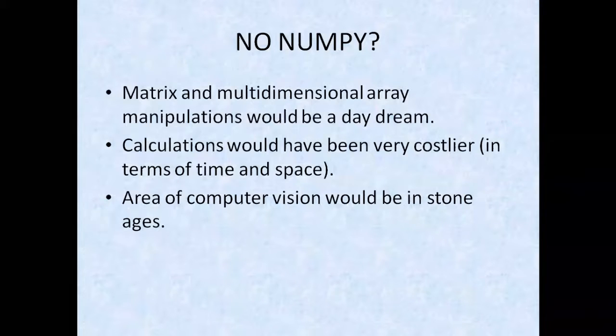An image must be pre-processed before using it. The computer doesn't know what an image looks like, so we must convert it into binary code, and while converting, we use arrays. We convert the image into a 3-dimensional array. So there comes our NumPy. Even in computer vision, we are using NumPy to make it easy. Without NumPy, even the area of computer vision would be in its stone age.